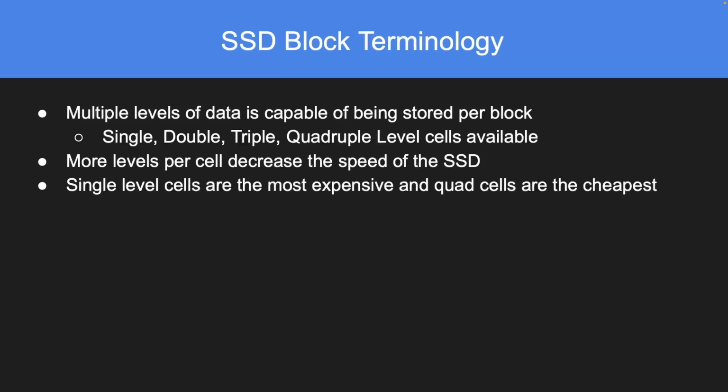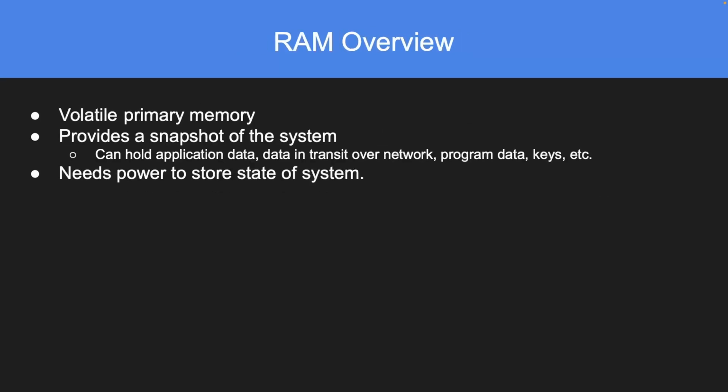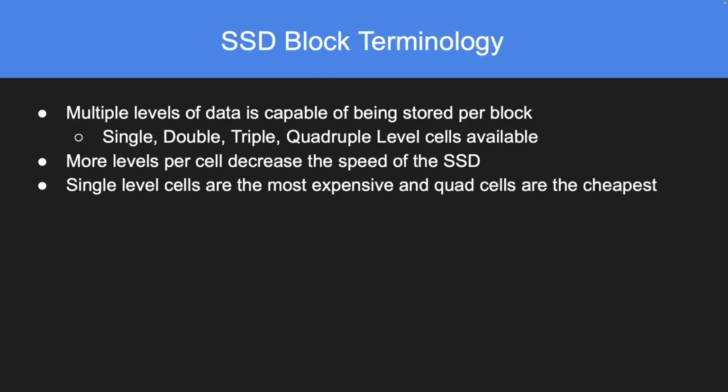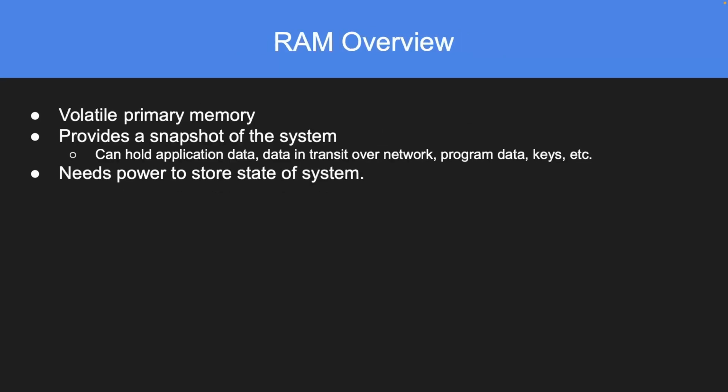So that means single level cells are the most expensive to produce and quad cells are the cheapest. And also when it comes to that, we use transistors to make this operation work.